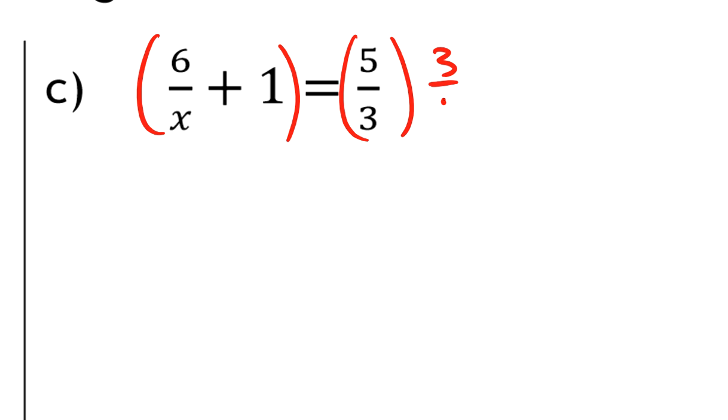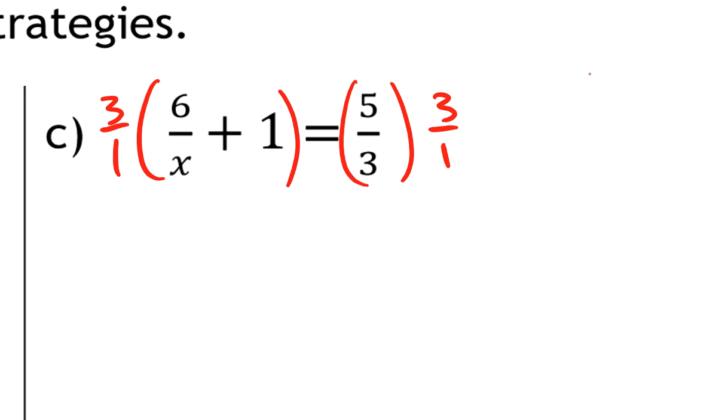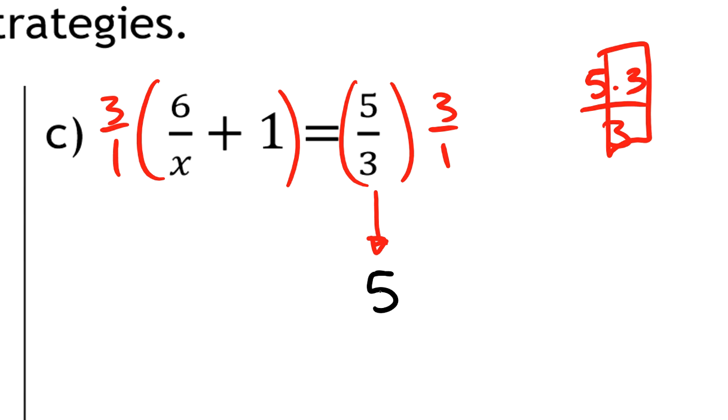When I do that, over on the right-hand side, I get 5 times 3 over 3. I just made a giant 1. By multiplying both sides by 3, this is no longer a fraction. It becomes 15 over 3, which is just plain old 5. I just busted up that fraction.